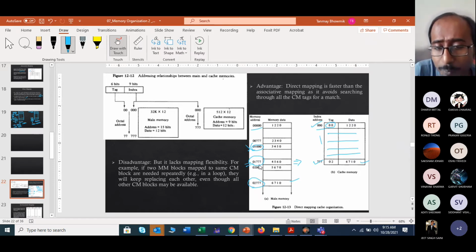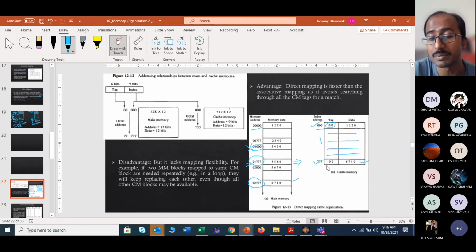Why no? Because if you observe in this address, the index field is 777. And in the direct mapping technique, first we check the index. If your index is free, then only you can enter some data. But right now your index is filled with another address's data. The tag is different.